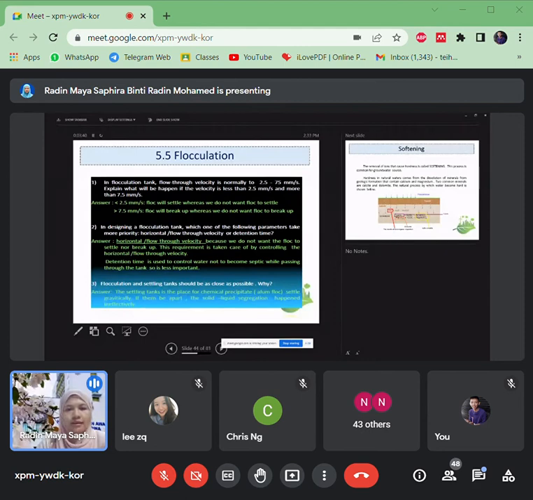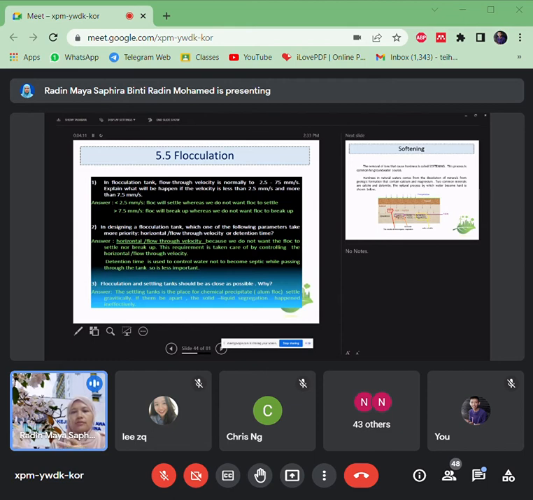Okay, in designing a flocculation tank, which one of the following parameters takes more priority? Is it the horizontal flow-through velocity or detention time? So in here, we must consider the horizontal flow-through velocity, halaju, because we don't want the flock to settle too fast, dia mendap ke bawah too early, ataupun dia break up, dia not become larger flocks.